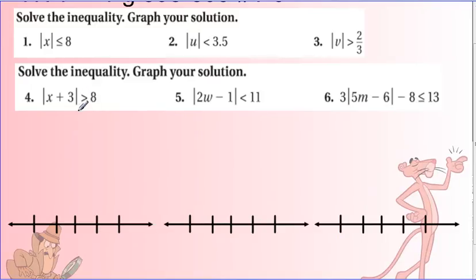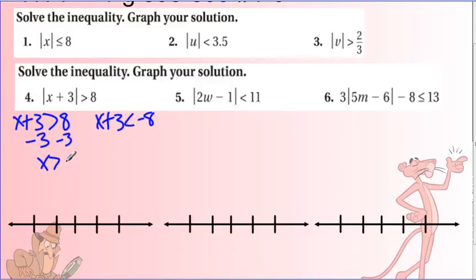In number 4, the absolute value is already by itself, so we just separate it into x plus 3 is greater than 8, x plus 3 is less than a negative 8. And solve by subtracting 3, and then we graph.